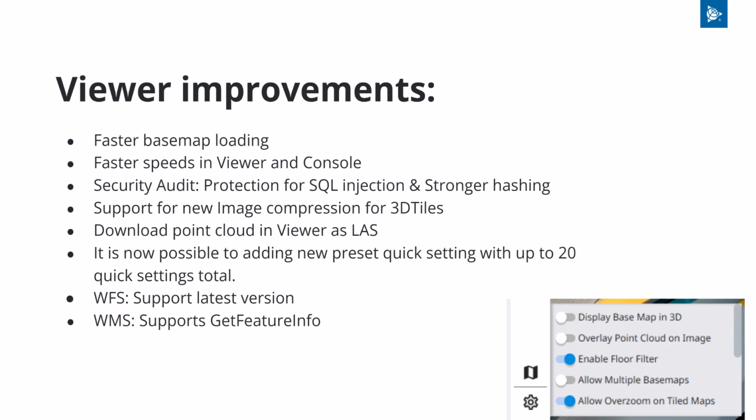Also, now the viewer has a quick setting menu. You can see the icon here, and in the past it was limited to just 2 items in this list. Today up to 20 items can be added here.